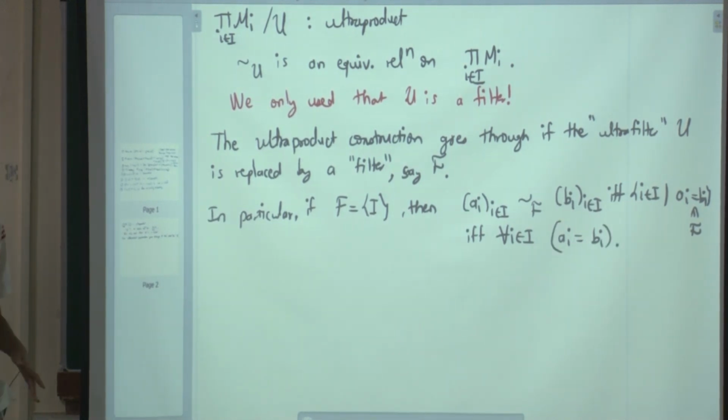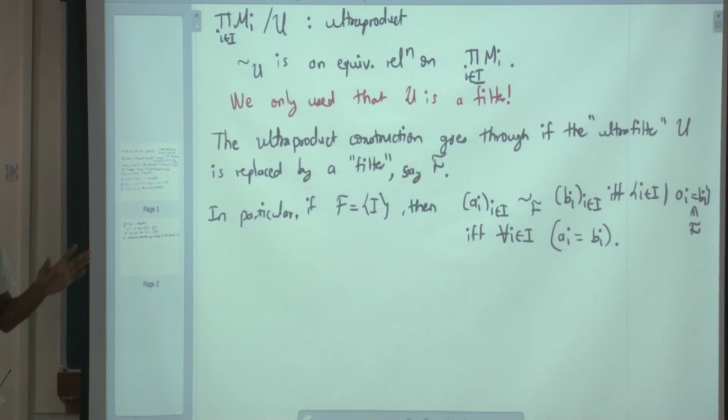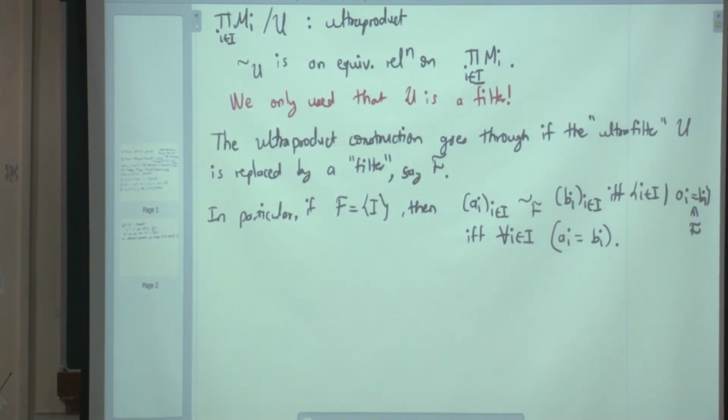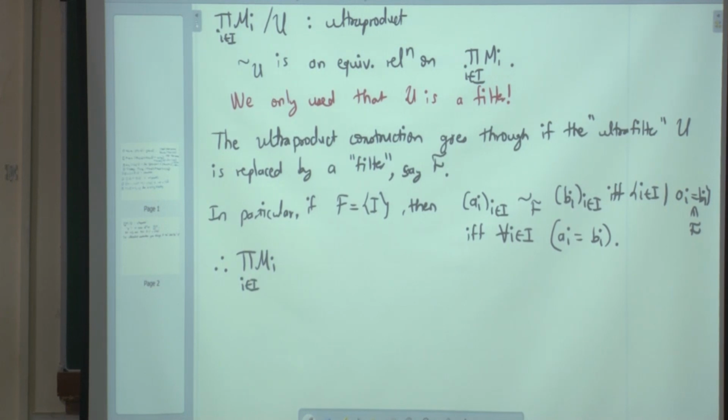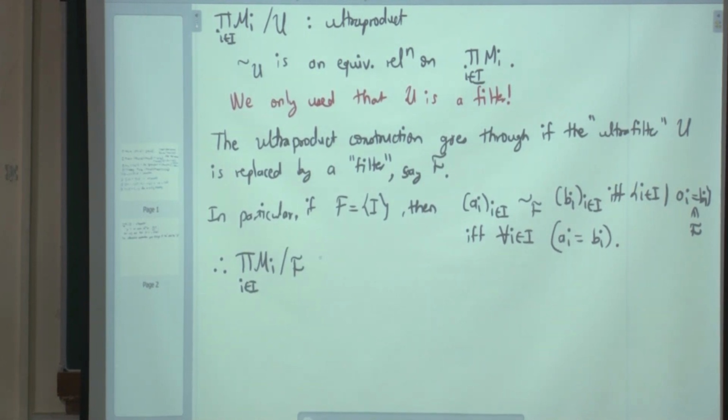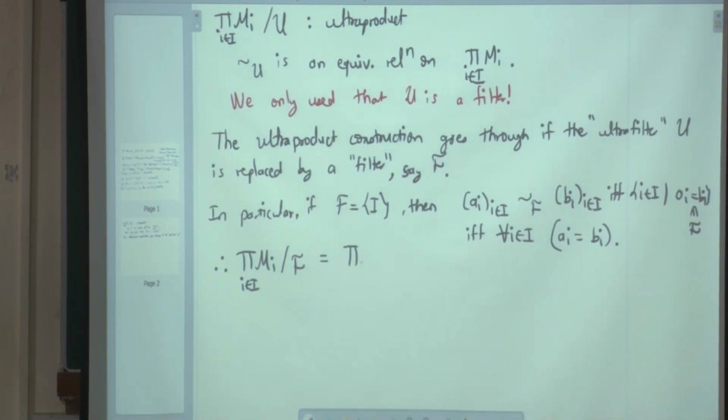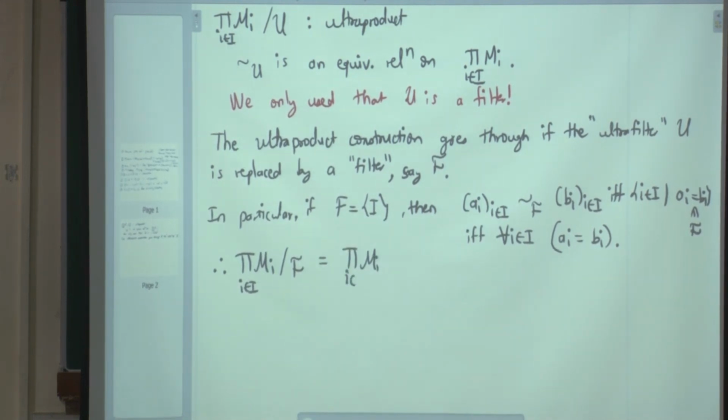Well, this means that we are not quotienting out by any non-trivial equivalence relation, it is just the identity. Therefore the product of M_i, i in I, modulo F is equal to just the product of the M_i's.